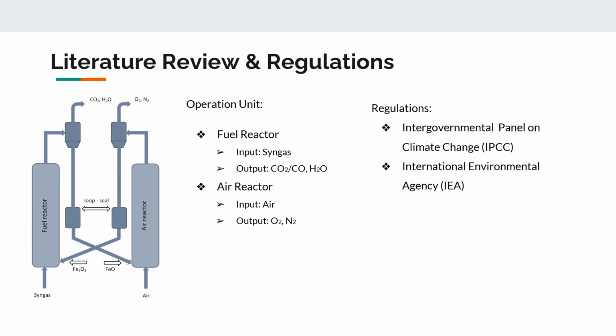For the operational unit, we are considering a plug flow reactor for the gas phase and a CSTR approach for the solid phase. The Intergovernmental Panel on Climate Change, the IPCC, and the International Energy Agency, the IEA, support the necessity of CLC development in reducing greenhouse gases.